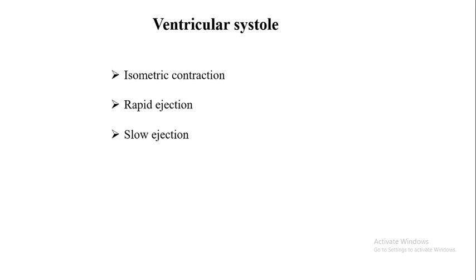At the beginning of ventricular systole, there is the first heart sound, because of closure of the AV valves, and the ventricles now start contracting. But after closure of the AV valves and the beginning of contraction of the ventricle, some time is spent.